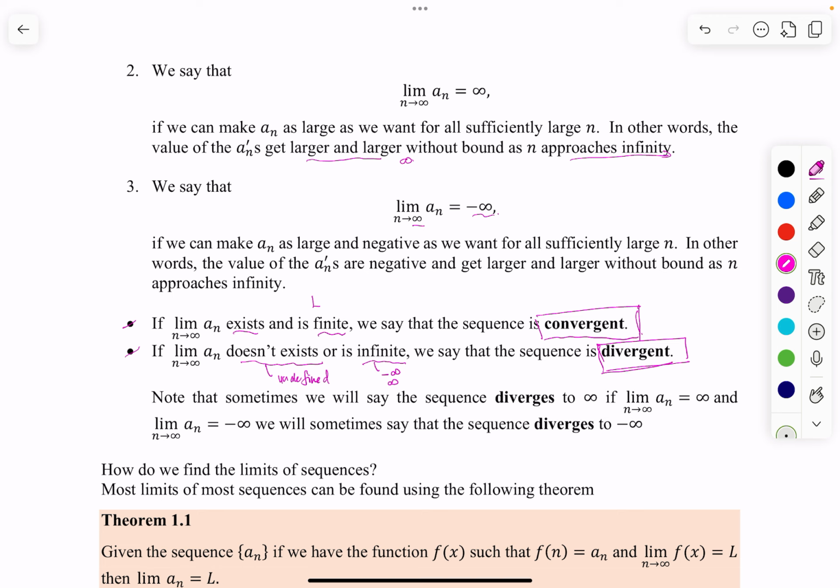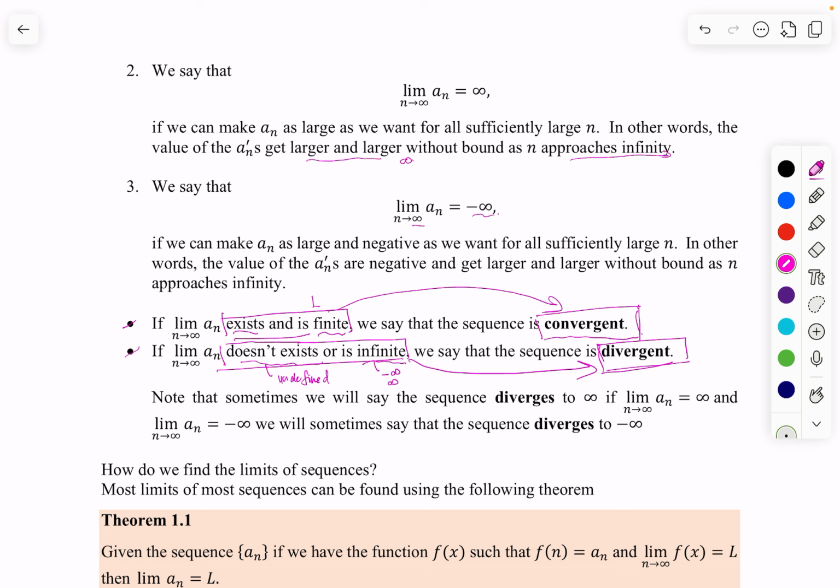So if it exists and is finite, it is convergent. If it doesn't exist, is undefined, or is infinite, then it is divergent. This is important. So you need to know how to determine if the sequence is a convergent sequence or a divergent sequence.